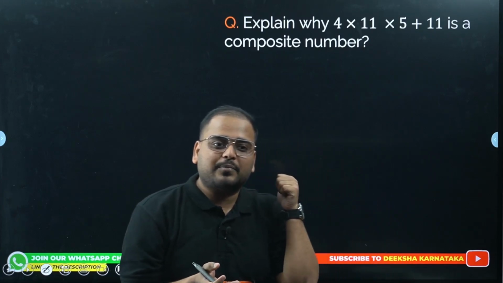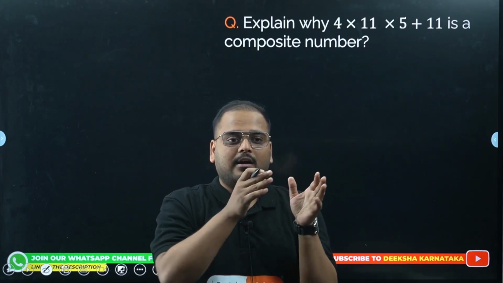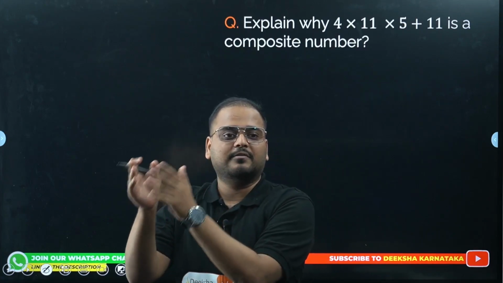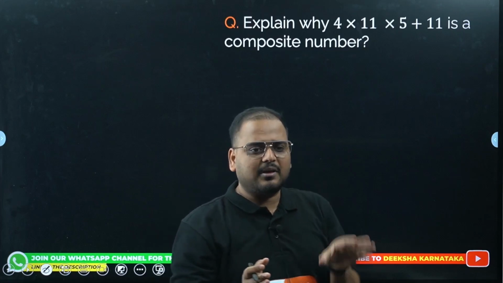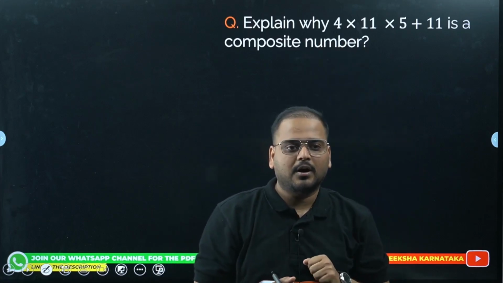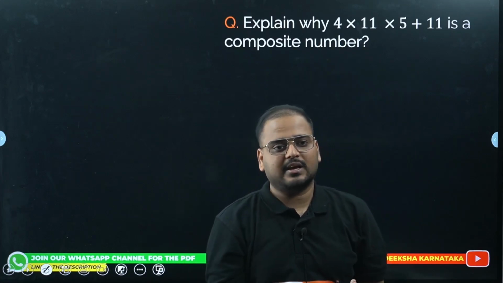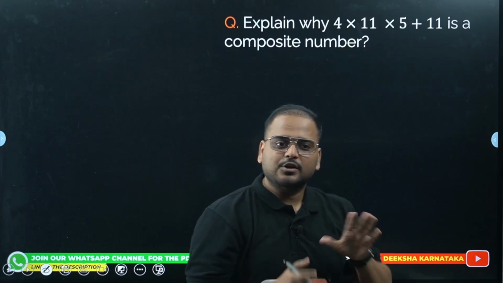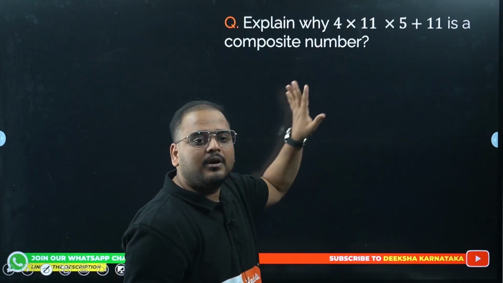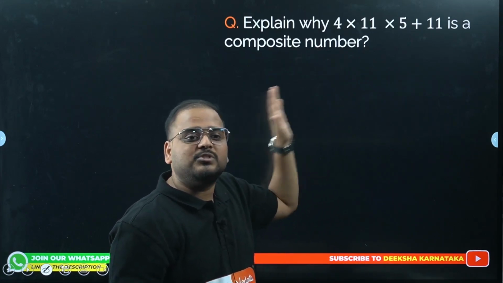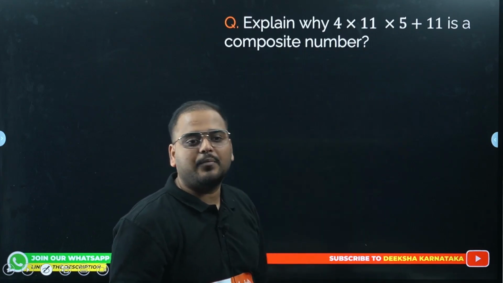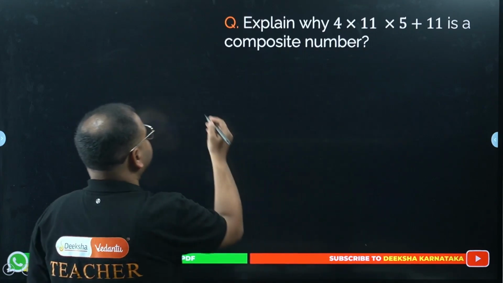Let's try to recall the previous theorem. What it states? A composite number can be written in the form of product of its prime. So if somehow I can express this given number in the product of primes, then I can say it is a composite number, right? So it's very clear. Take the number, represent as product of just prime numbers, then it is composite. Okay, let's take it out.